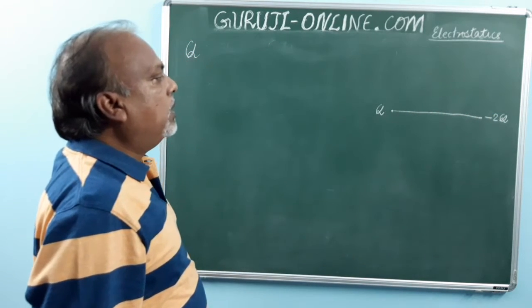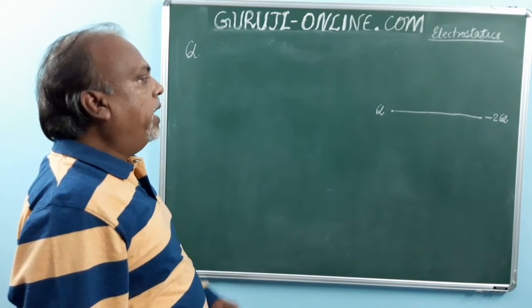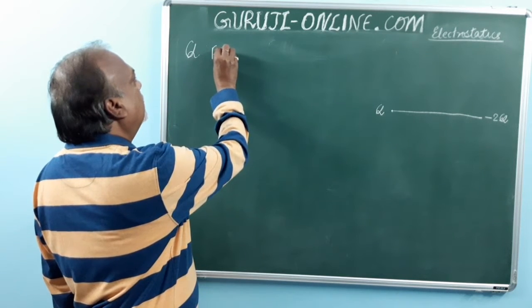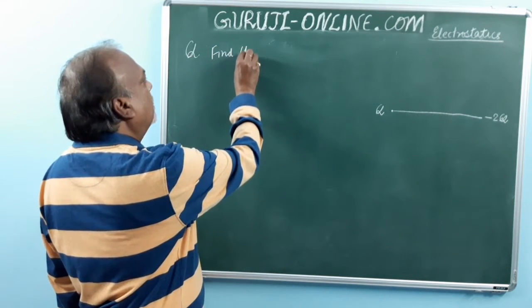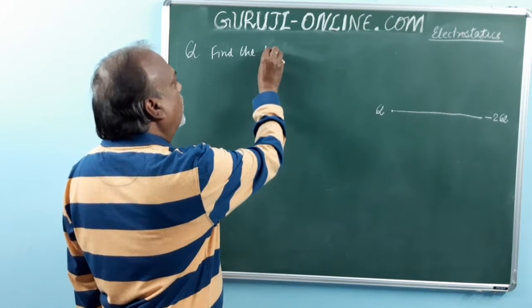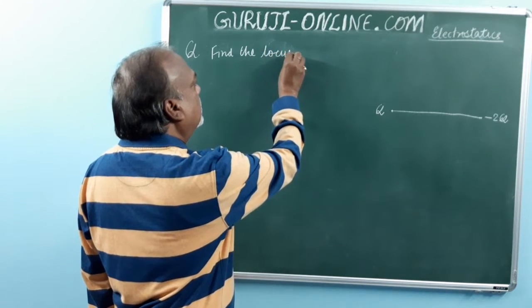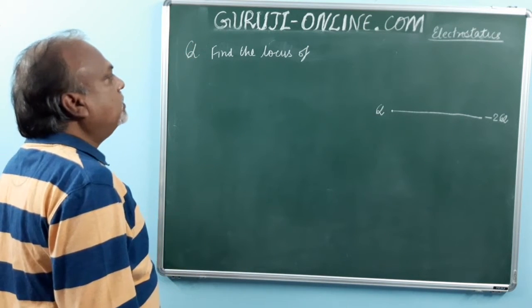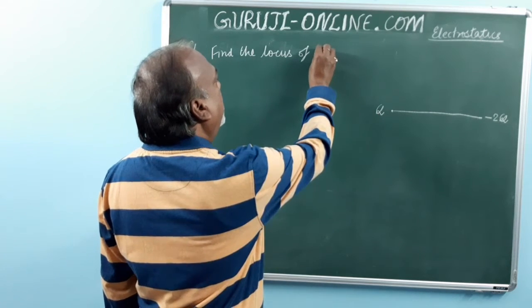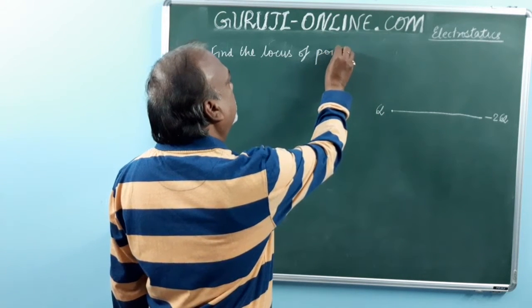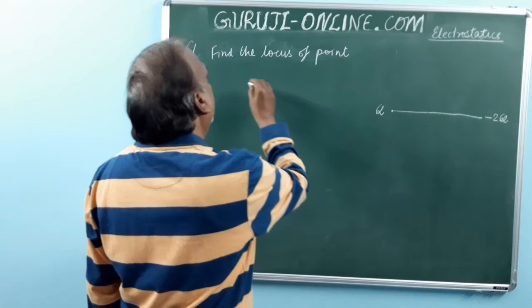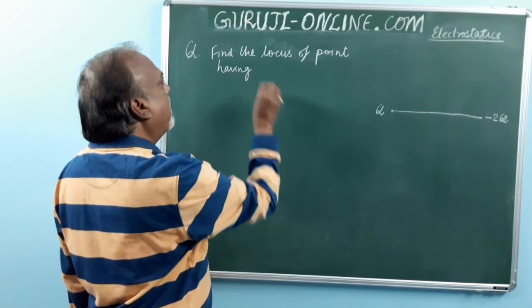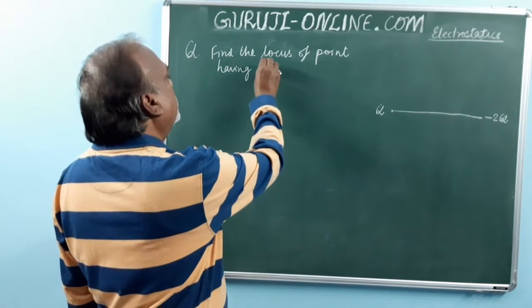Now, you are asked to find the locus of points having zero potential.